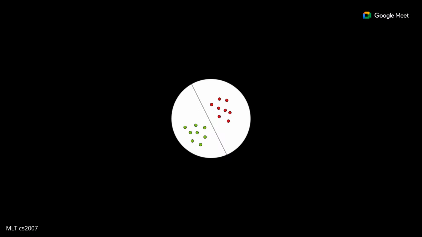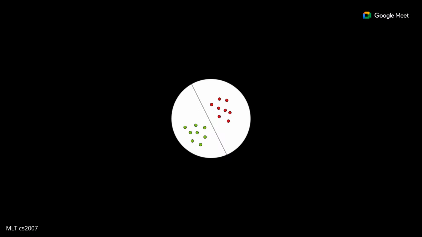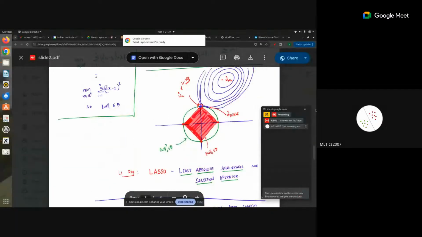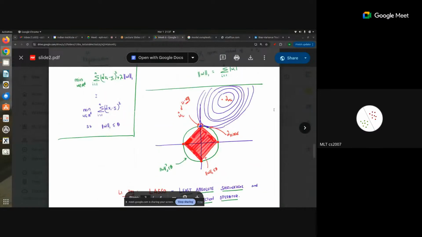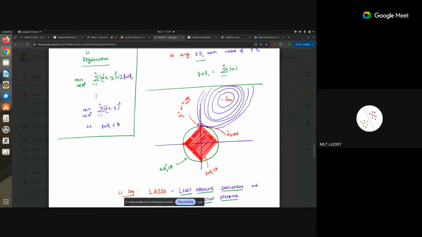But sir, in Lasso, one question I had: can the ellipse not touch any point other than the border lines? It can. Maybe I'll share that part also. Here, you can see this picture has ridge, lasso, and normal. See, this ridge can actually touch it here. How many features do we have in this image?